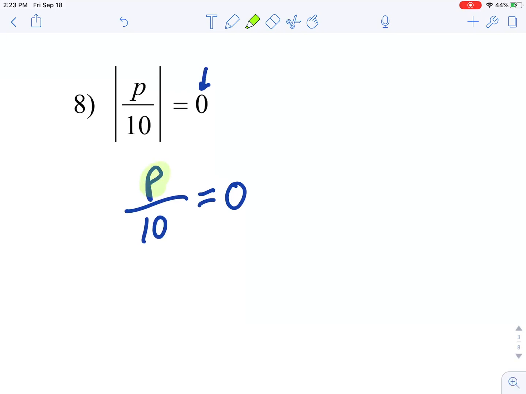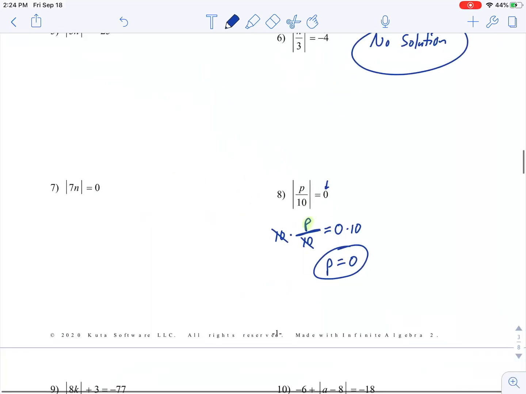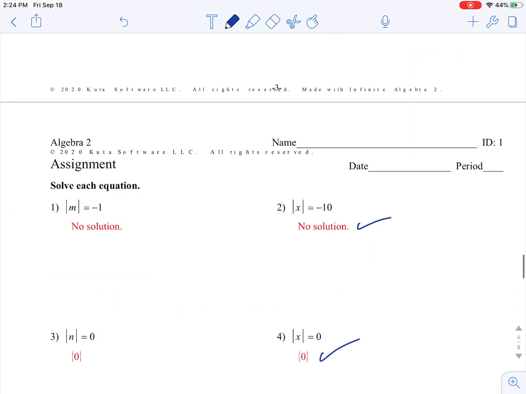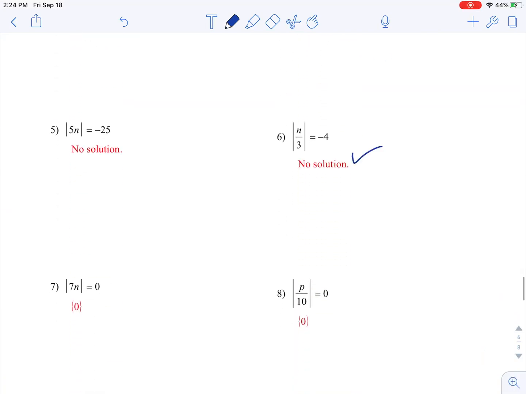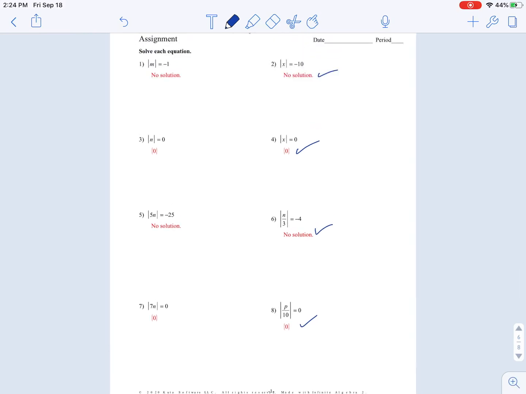If we want to isolate this p, we have to multiply both sides by 10. The opposite of divide is times, and that cancels out. You multiply the other side by 10, and you still get 0 for an answer. So you're not going to have two answers there, you just have one. Let's check 6 and 8. No solution, 0.